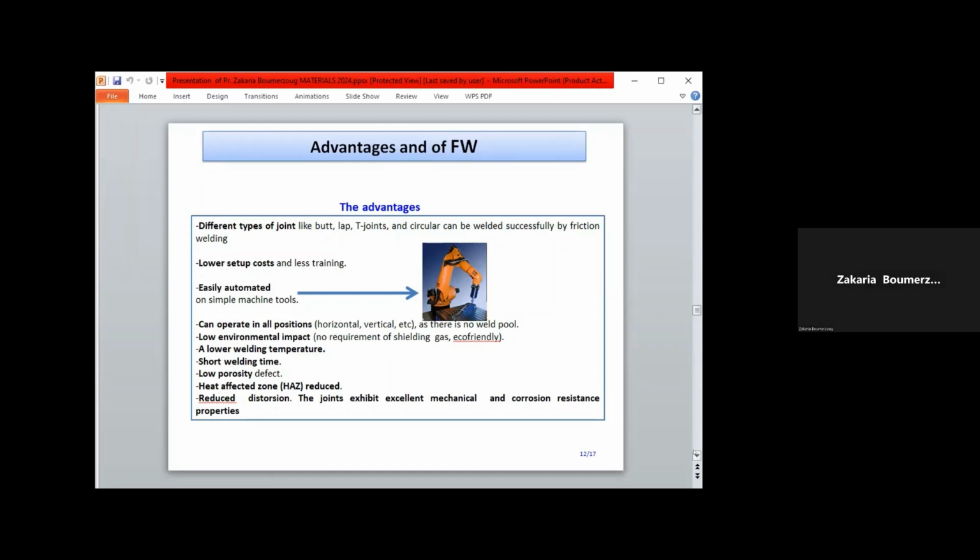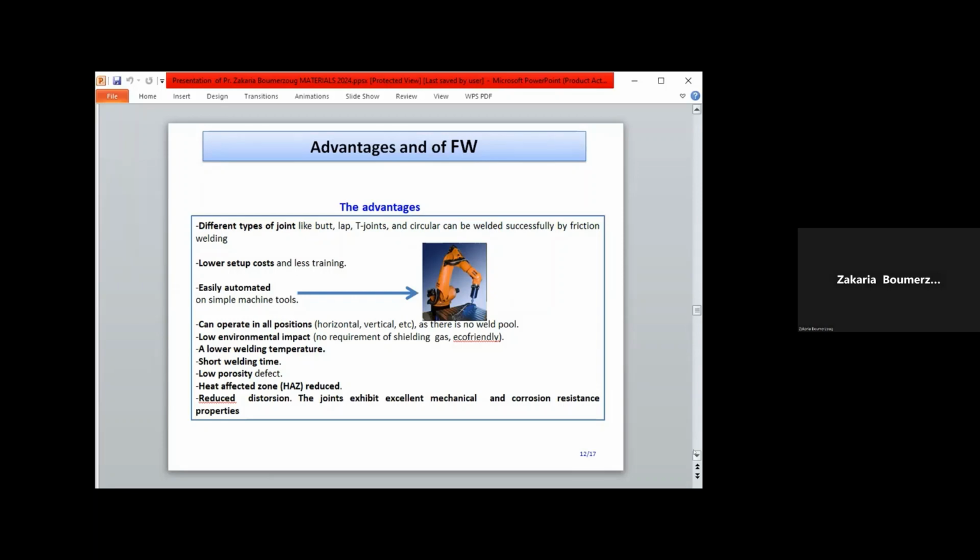The third advantage is that it is easily automated. The fourth advantage is that it can operate in all positions, horizontal and vertical, as there is no weld pool like in arc welding. Low environmental impact: no requirement of shielding gas, it means eco-friendly.